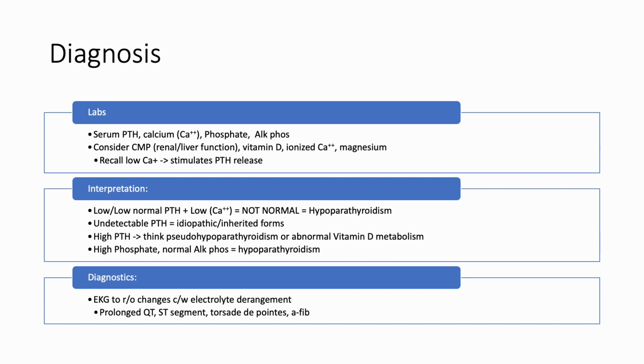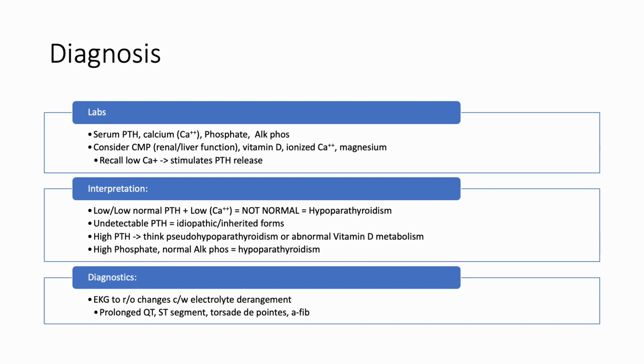And then, of course, if we have a high PTH concentration, this is going to suggest pseudohypoparathyroidism, or an abnormality of our vitamin D metabolism. Okay, and then hypoparathyroidism can further be characterized with our phosphate draws, and we should have a normal ALK phos because we are not recruiting bone, right?